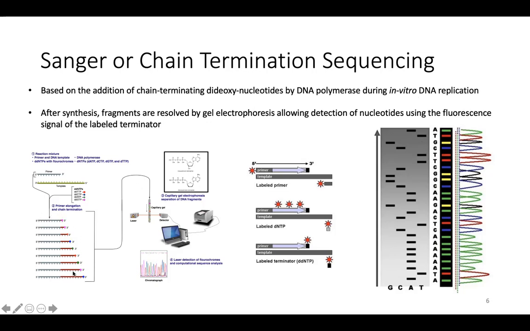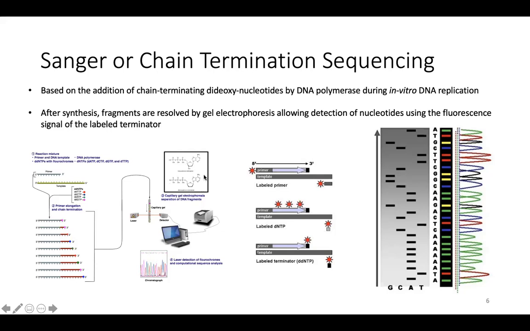So what's going on here is that you have the DNA synthesis happening, and DNA polymerase is adding these nucleotides all the time. Both the normal nucleotide and the dideoxynucleotide are fluorescently labeled. It's small here, but you can see that the normal nucleotide has a hydroxyl group.